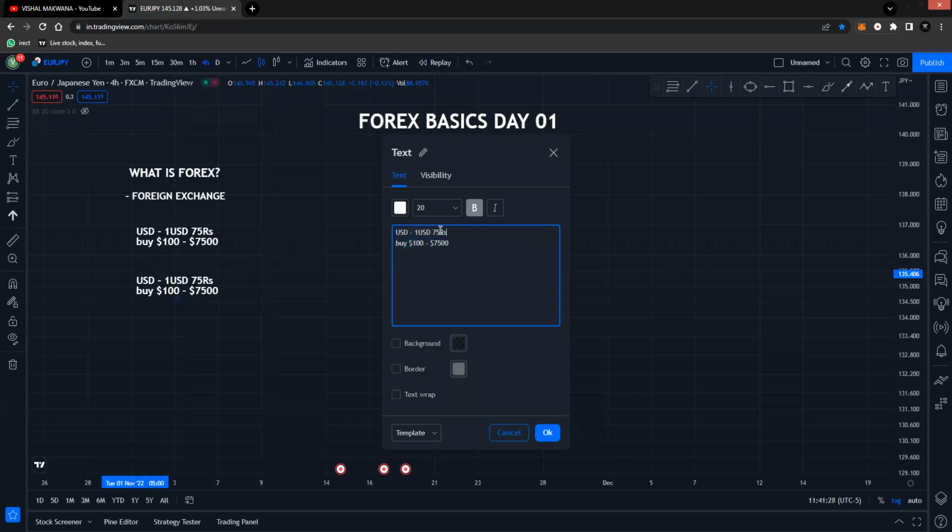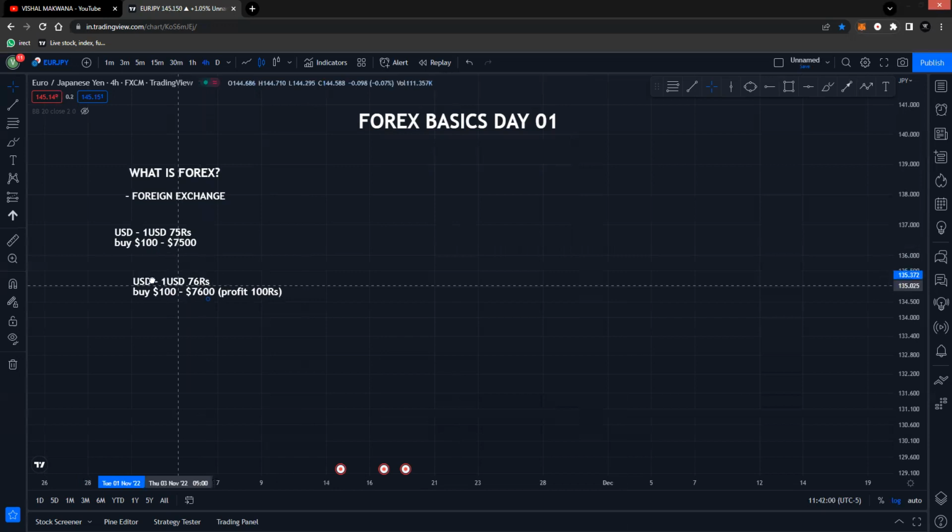When you come back to India, you again have to change the currency. If the dollar rate is now 76, you will get 7,600 rupees back. That means you are making a profit of 100 rupees. This is a manual exchange.